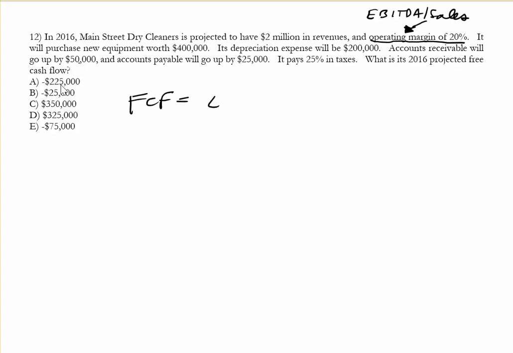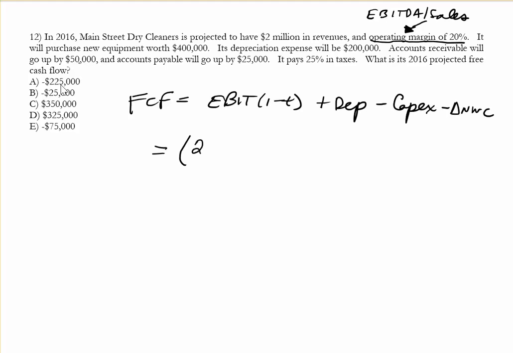Let's review the formula for free cash flow. The unlevered net income, add back depreciation, subtract capital expenditures, subtract change to net working capital. So we have $2 million in revenues. The margin is 20% of that, so EBITDA is 20%.